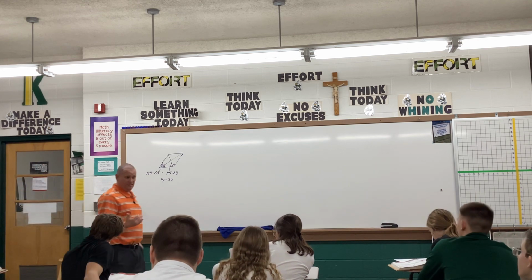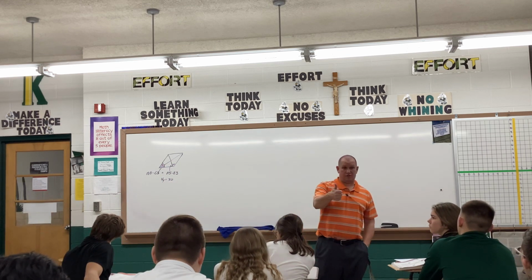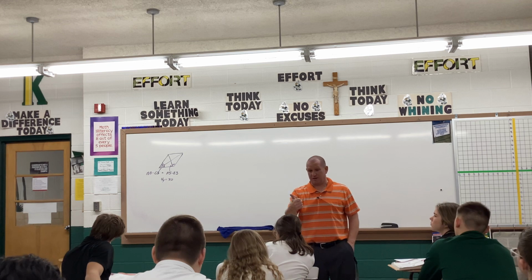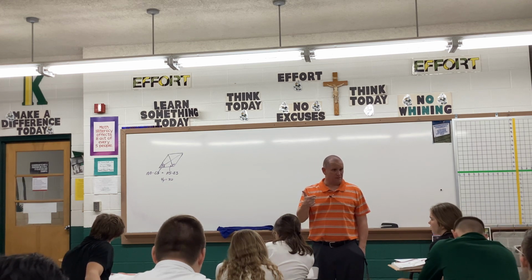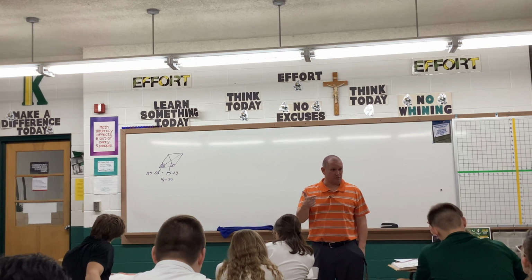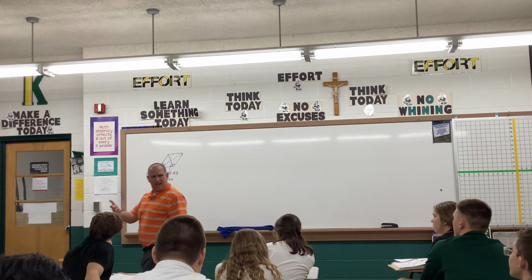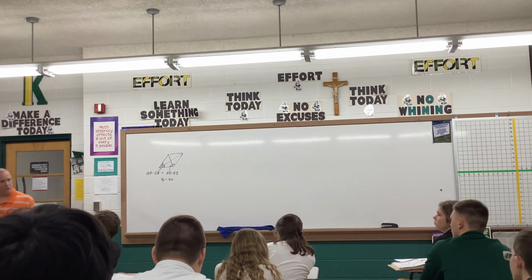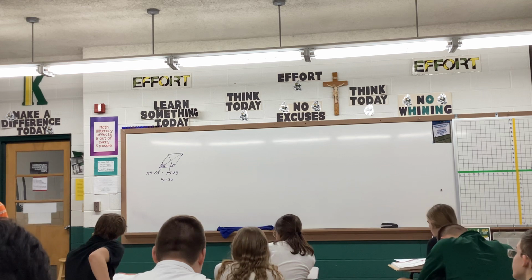It's basically combining a rectangle and a rhombus. As long as you say all the characteristics of a rectangle and a rhombus. Put that on the test? You could, if that's a question, yes. But that's not a question. You have to know all that stuff, but you don't have to write it out specifically.